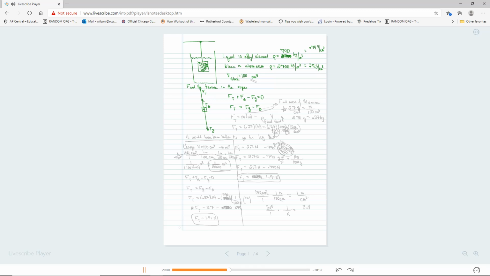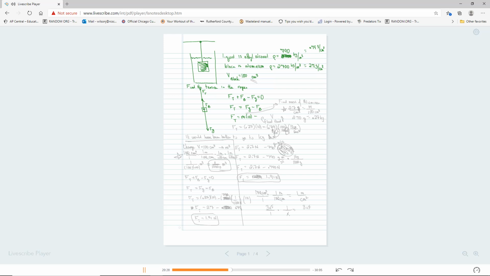Use 10. Good choice. Okay, so this side is mass times 10. And how do we find the force buoyant? What'd you say, Andrew? Wouldn't the mass of the block be 275, if you take the volume?